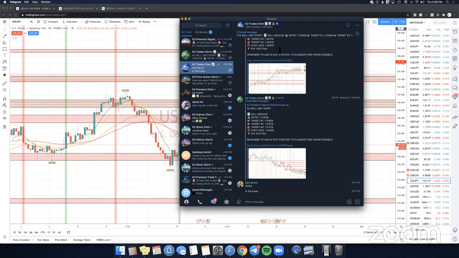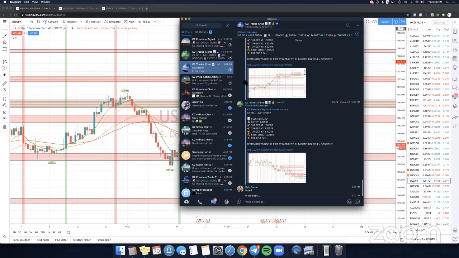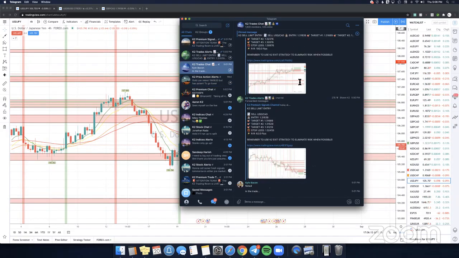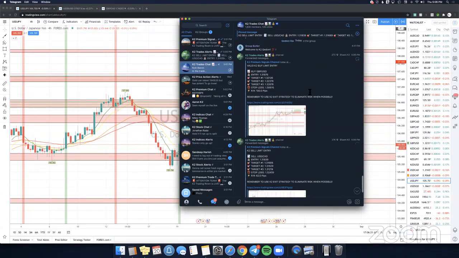They're meant for people that aren't in premium, because in premium you get them real time. That's why you're paying for premium, because you get them when I take them. People in public, I share it with them so they can enter at a later time, but they're not guaranteed to get prime entry because they're entering hours later. So that's the reason why they're sent again.